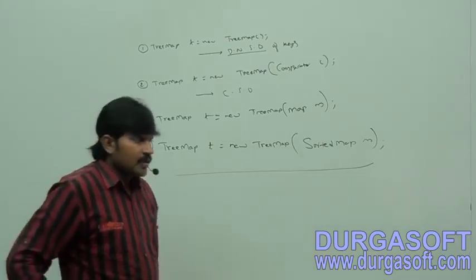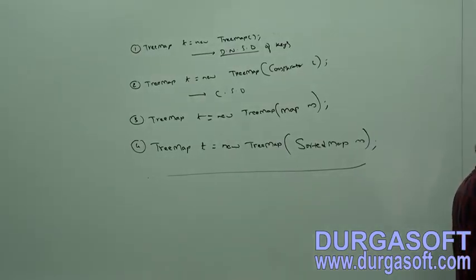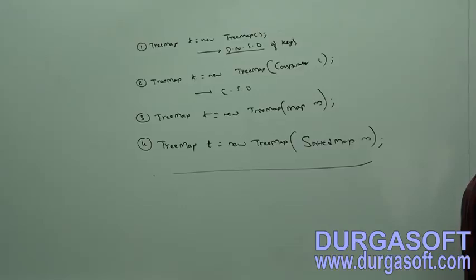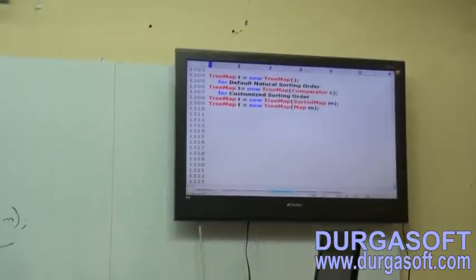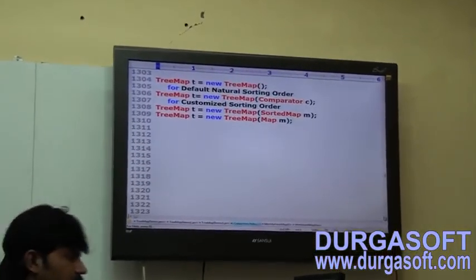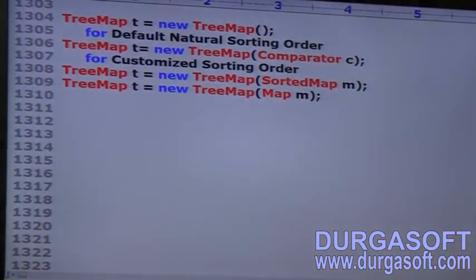Constructors: you can take them from the screen. TreeMap t = new TreeMap() for default natural sorting order.